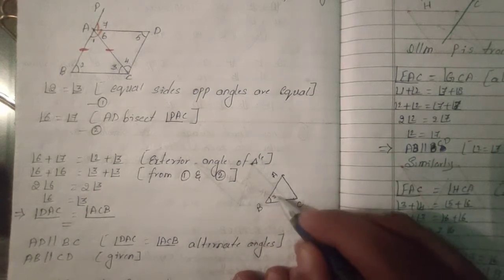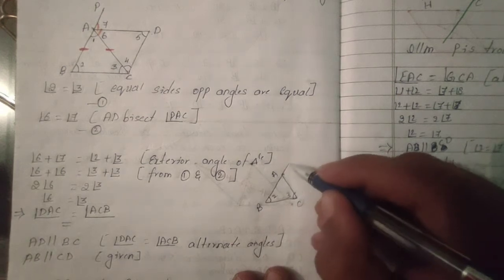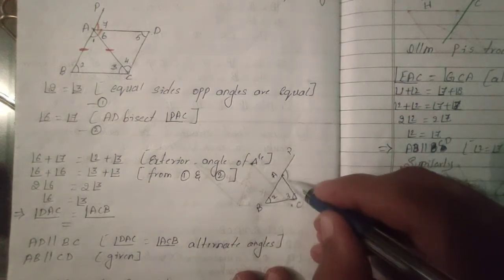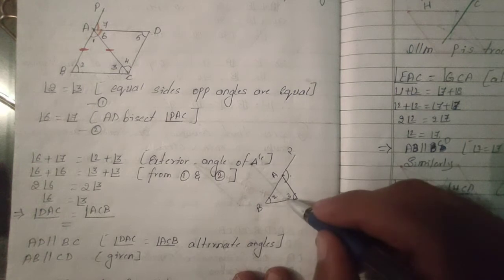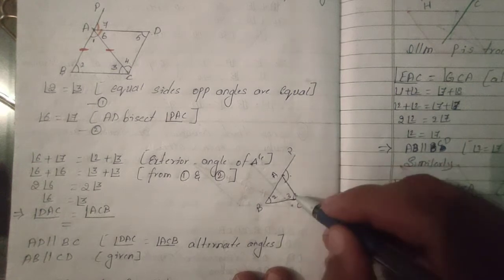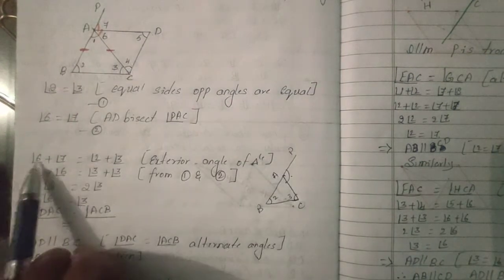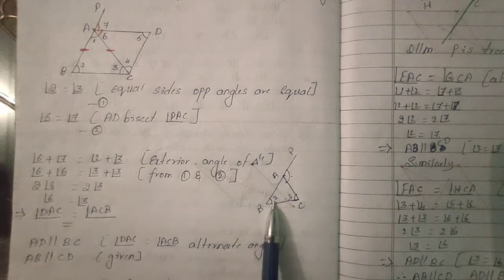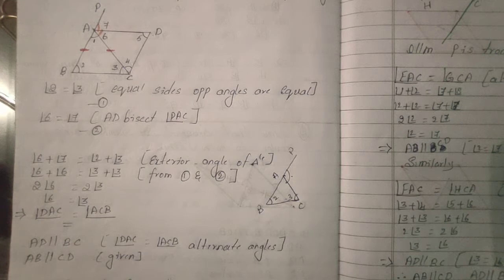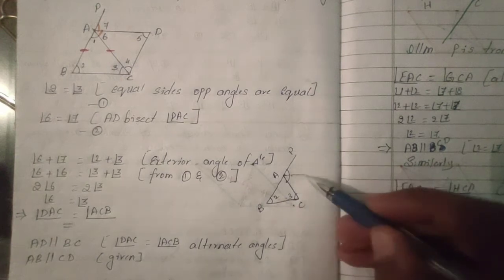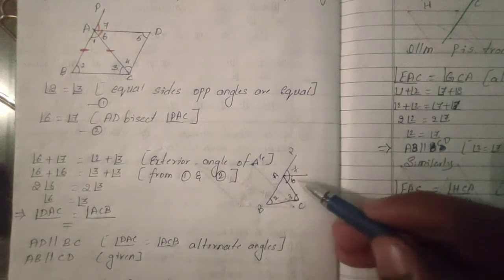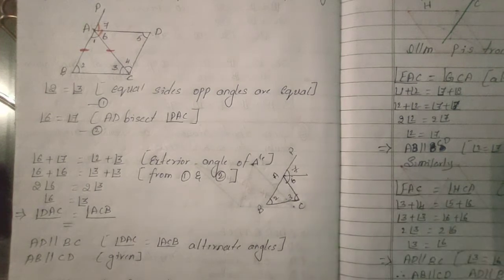This is 2, this is 3, this is P. This PAC is the exterior angle, which is equal to the interior opposite angles, no? This PAC is nothing but the sum of these two angles, 6 and 7. So 6 plus 7 equals 2 plus 3. Which property did I use? Exterior angle property: exterior angle equals the sum of the interior opposite angles. So this is divided into two parts, 6 and 7, and the sum of these two is equal to this.